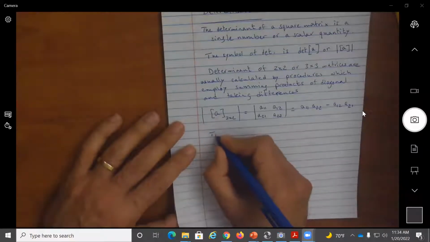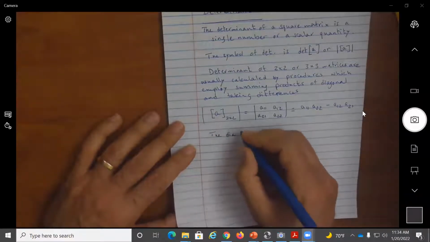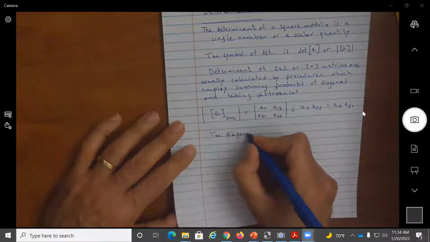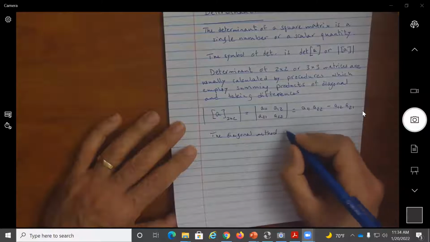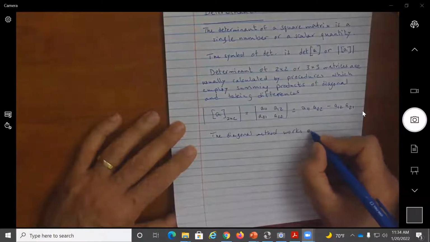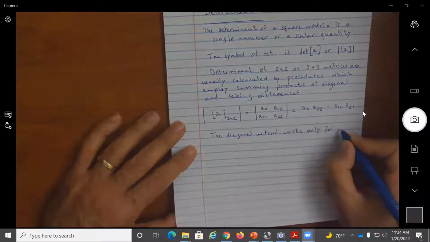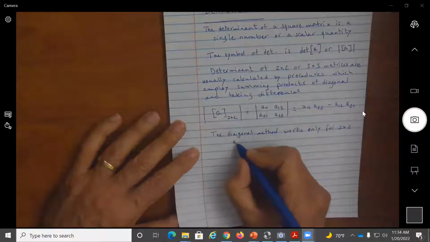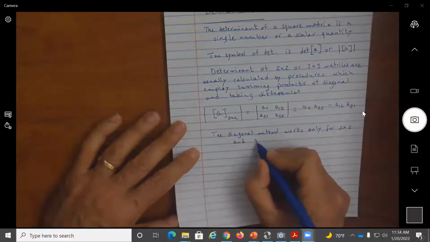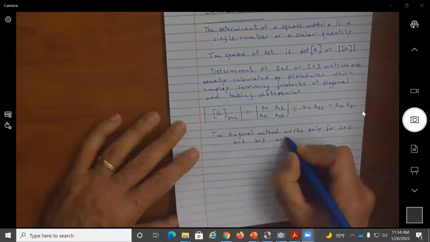The diagonal method works only for 2 by 2 or 3 by 3 matrices.